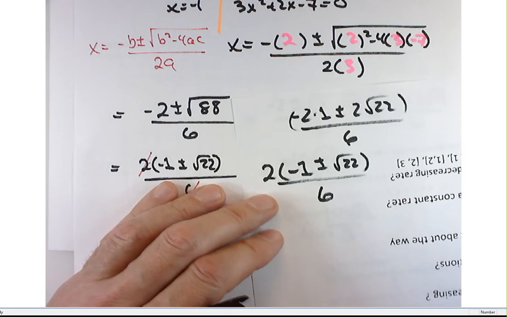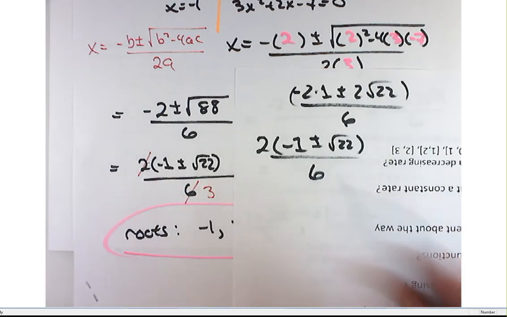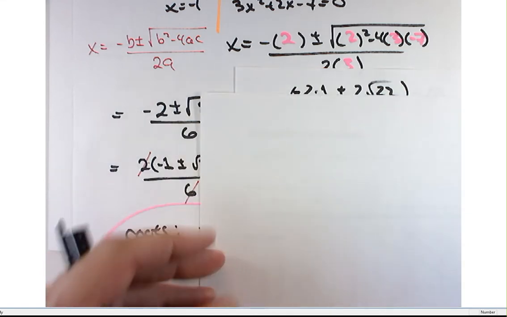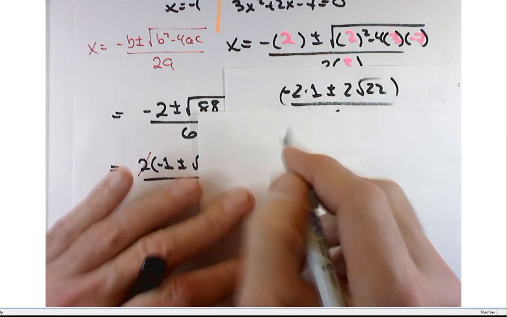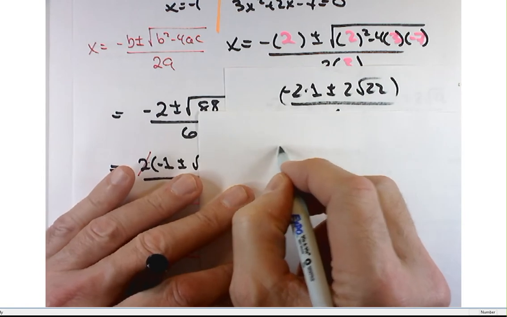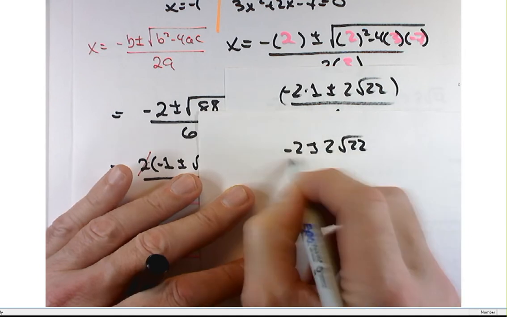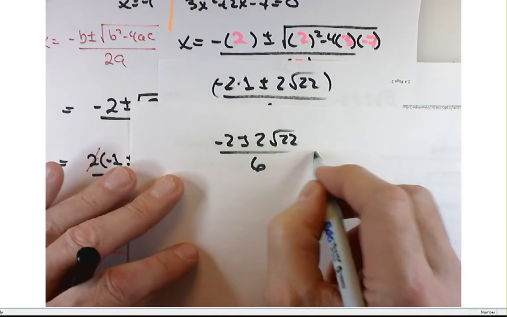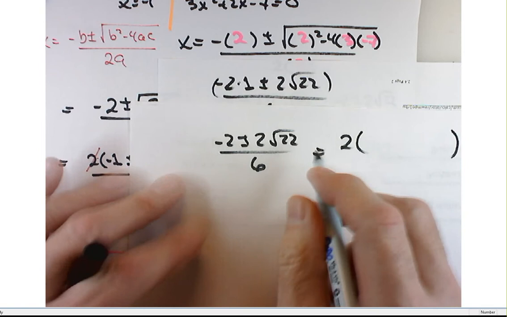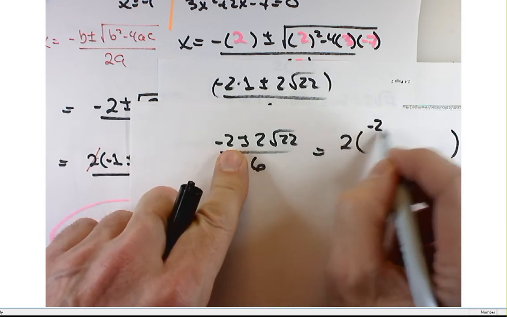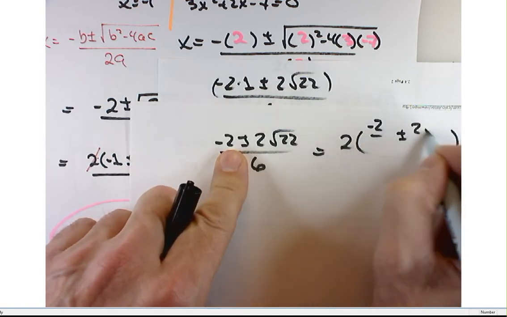Another way to see what's going on there is this idea that when you factor something out, what you're really doing is you're dividing both terms by that factor. So, kind of following up on that one, if I add negative 2 plus or minus 2 square roots of 22 over 6, when you factor out a 2, you're really dividing each of those terms by 2.